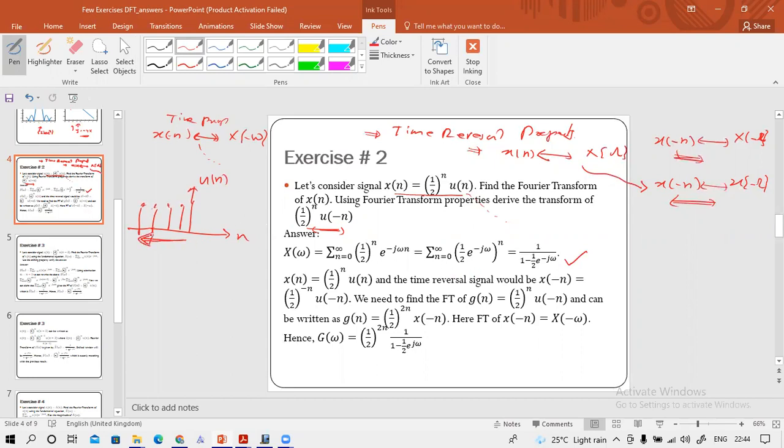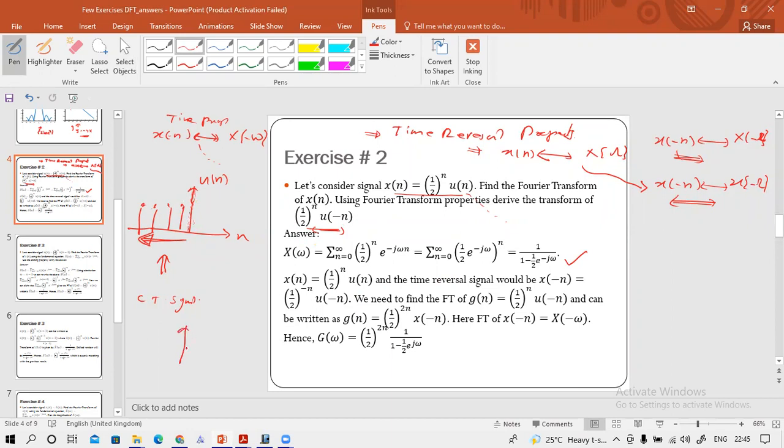A time reversal signal. I think you have already learned these things with respect to continuous time signals. I hope you can understand this. It is just like an image, no? Image about this x-axis, time reversal. So u[-n] means this.